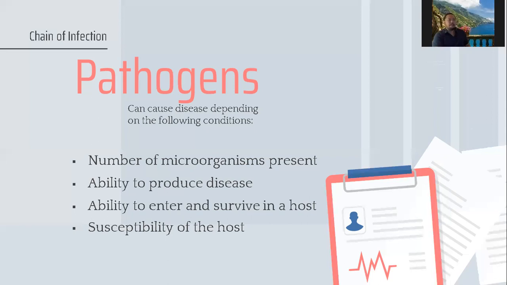So there is also this ability of the microorganisms to produce a disease. This is called the virulence. This is correlated with the ability of the pathogen to reproduce or multiply within the host. Okay. So in order for pathogens to cause a disease, it depends on the following conditions. Number of microorganisms present, and then your ability to produce the disease, that is your virulence, and then the ability to enter and survive in a host.